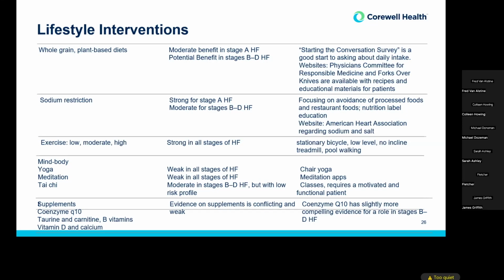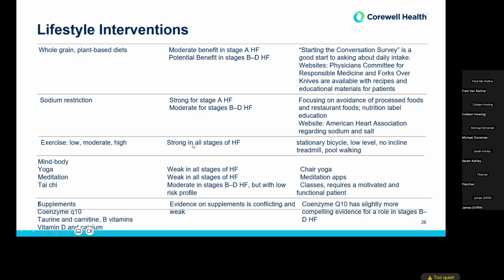So some of the things that we do have good evidence on, there are the 6 pillars of lifestyle medicine: nutrition, movement, sleep, stress management, avoiding toxins, and social connections.